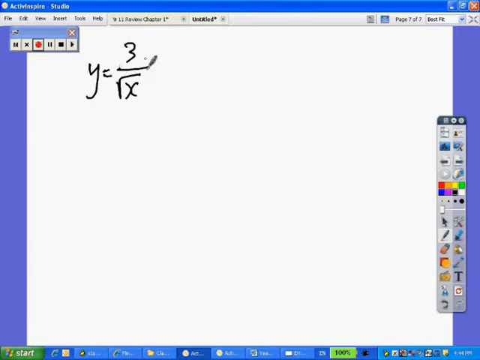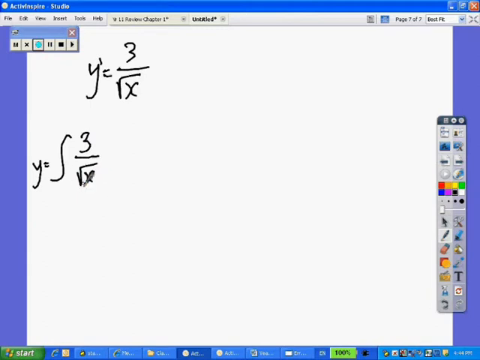Again, when I find the integral, what I'm really trying to find is the function whose derivative is this, an equation that I don't know yet. So I need to find y. y is equal to that 3 over the square root of x.